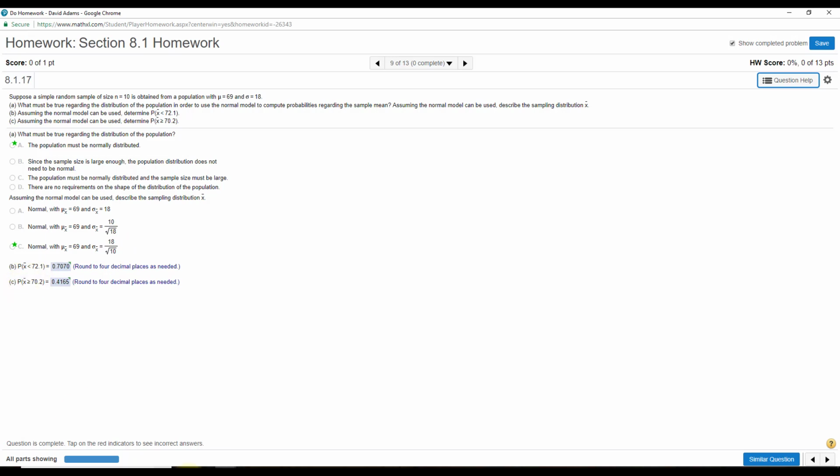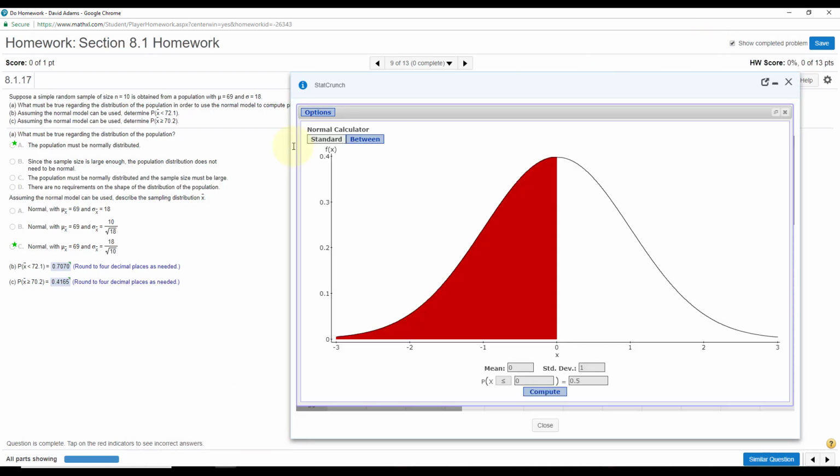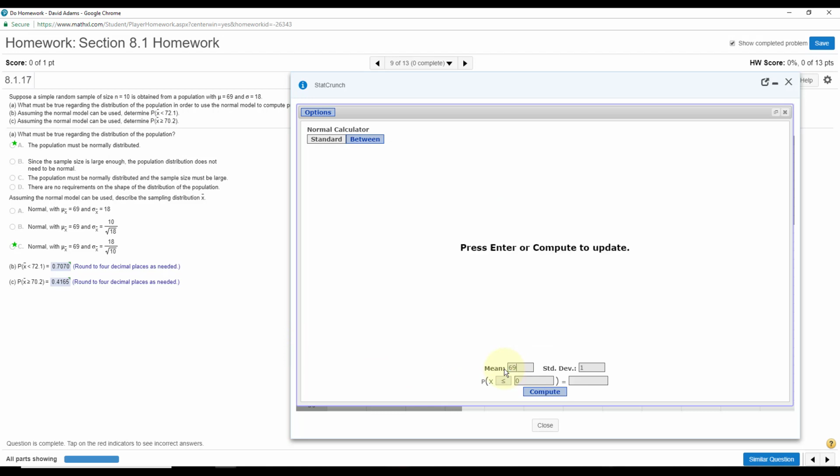How do I do this here? Same as what we were doing. You go back and use the normal calculator. So for the mean, I put in 69. For the standard deviation, I put in 18 divided by SQRT, and what's the sample size? 10.